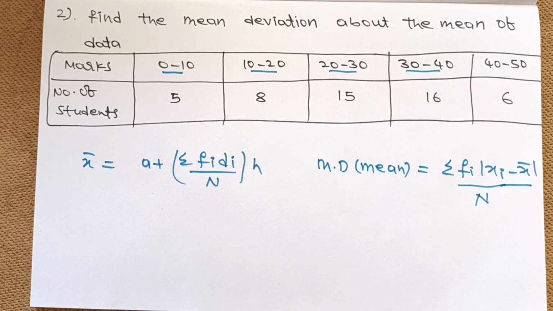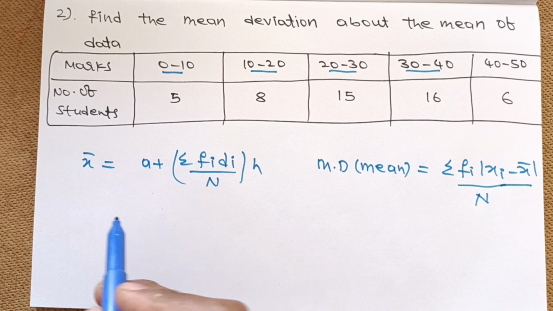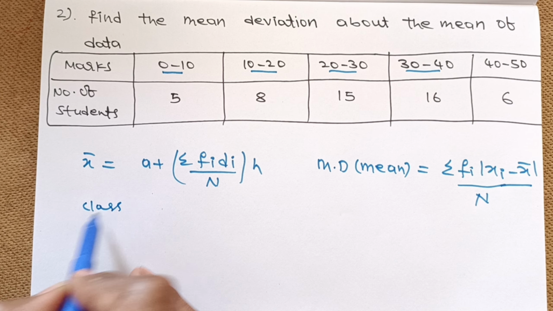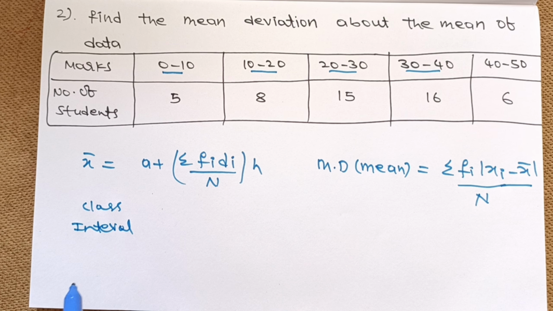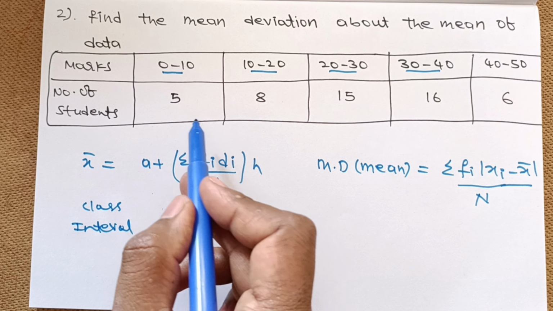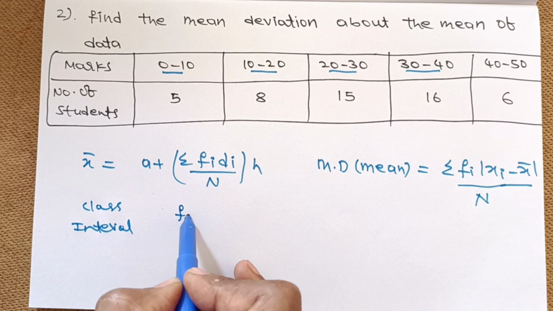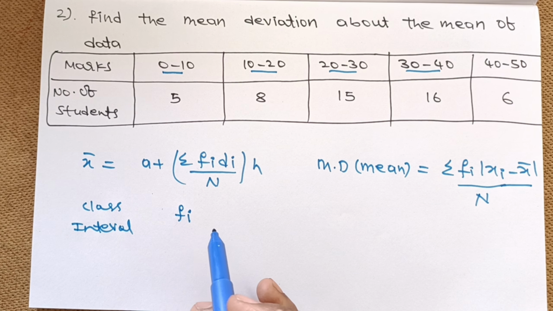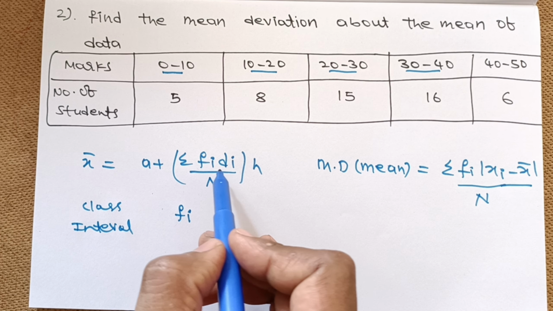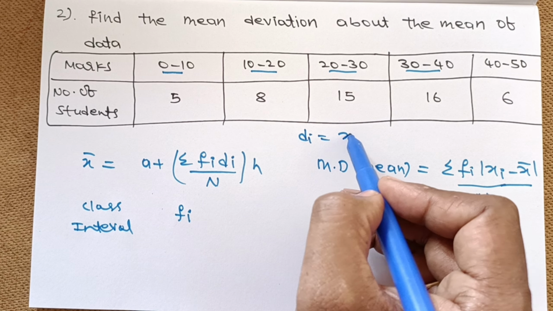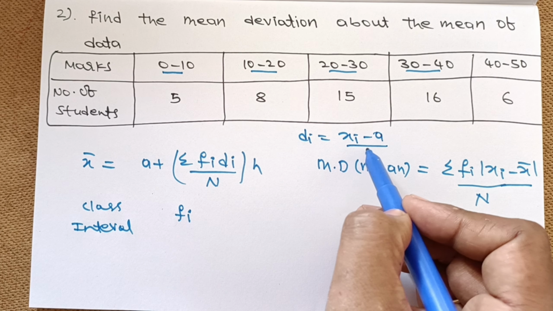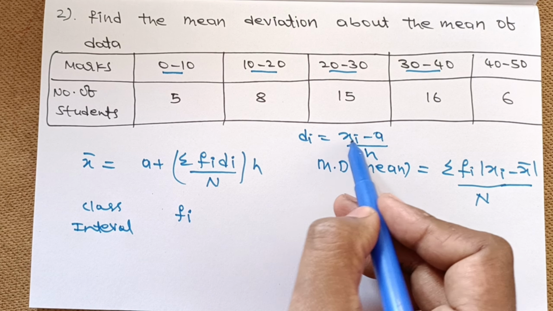So first here we can construct the table. First write the class interval. Next, frequencies, that is fi. Next, we know di equals xi minus a divided by h. So you can find xi.